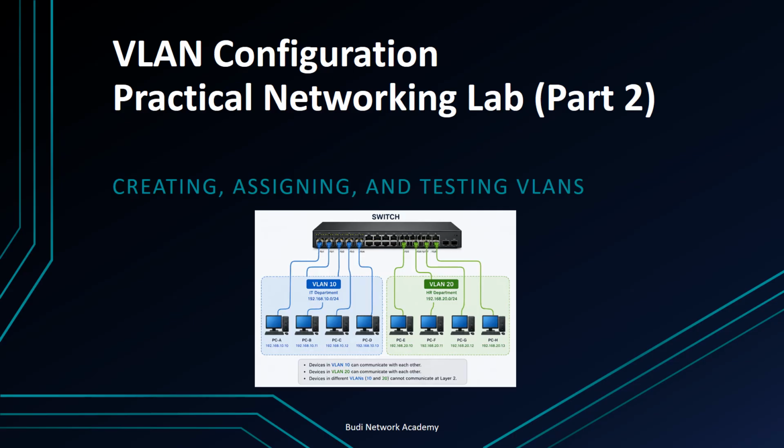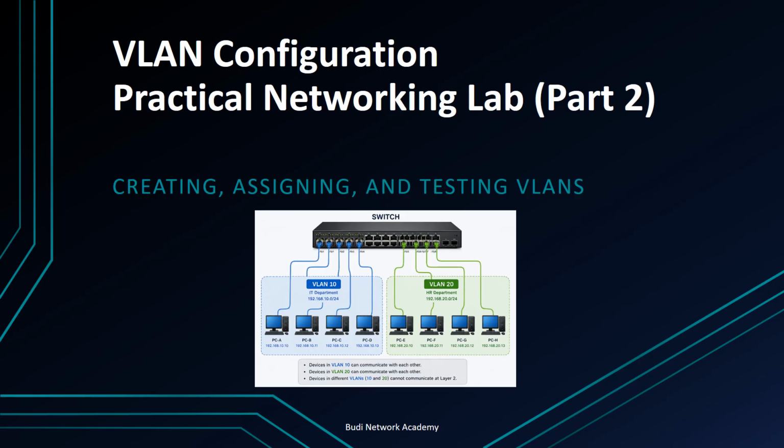In the previous video, we learned about VLAN configuration and the steps we need to follow to build a VLAN based network. Now, it's time to move from theory to practice. In this video, we are going to use Cisco Packet Tracer to build our network and configure VLANs on a switch.